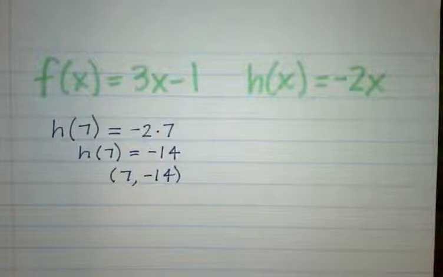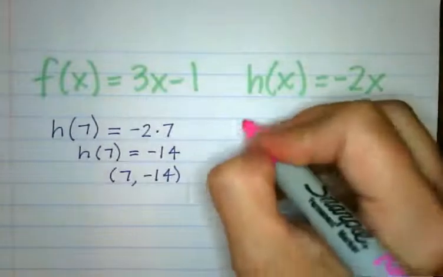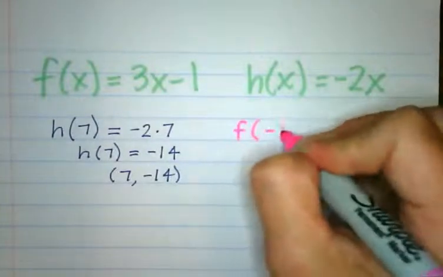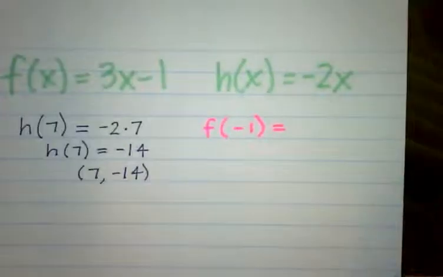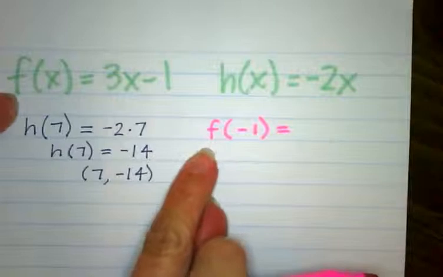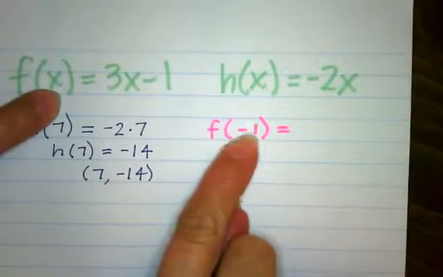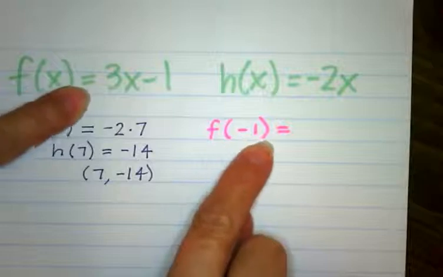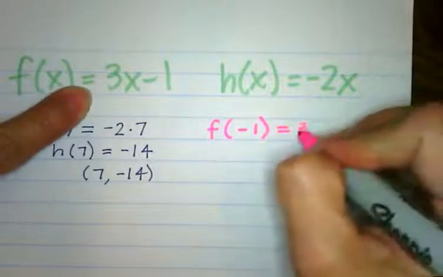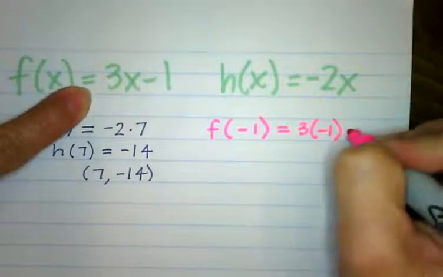And then again, that can be changed very easily into an ordered pair. All right. If I was asked to do f of negative 1, now I'm using this function because I'm using the equation labeled f. I'm filling x in with negative 1. So this is going to equal 3 times negative 1 minus 1.